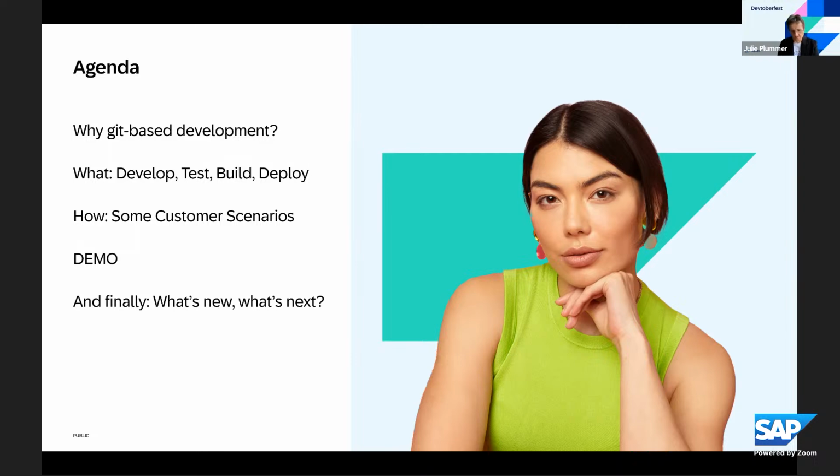Look at some customer scenarios, show you a live demo, and finally run through what we've been working on and some of our roadmap features. At the end we'll mop up any questions. If you have any questions during the presentation, please put them in the chat and Christoph will run through them as quickly as possible. Okay, let's get started.